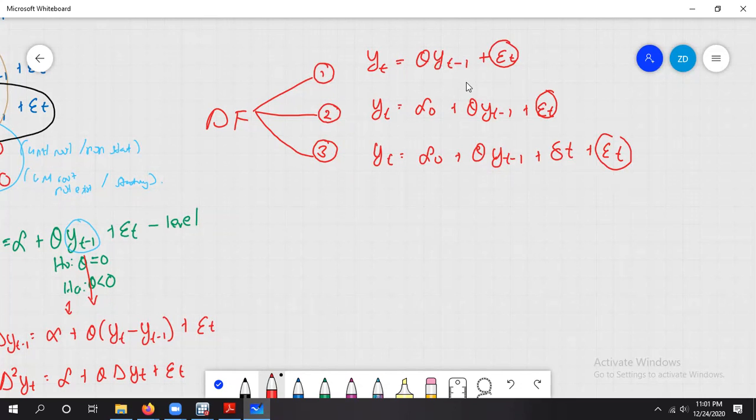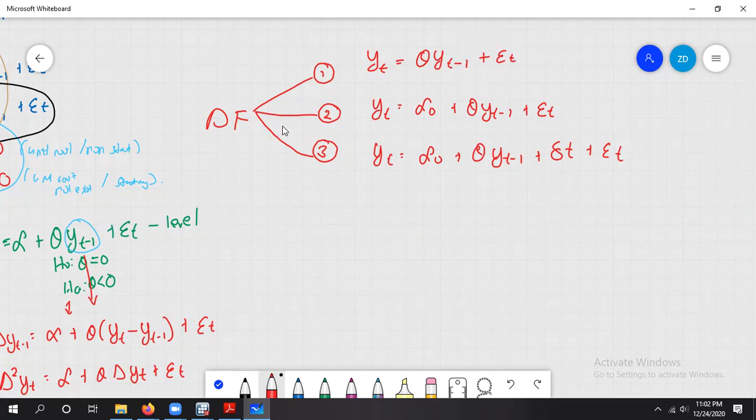The result we get is not biased, and the test we perform to look whether theta is equal to 0 or theta is less than 1, the hypothesis testing, is not biased. But if the error is correlated, in other words there is serial correlation in the error, our result can be biased.